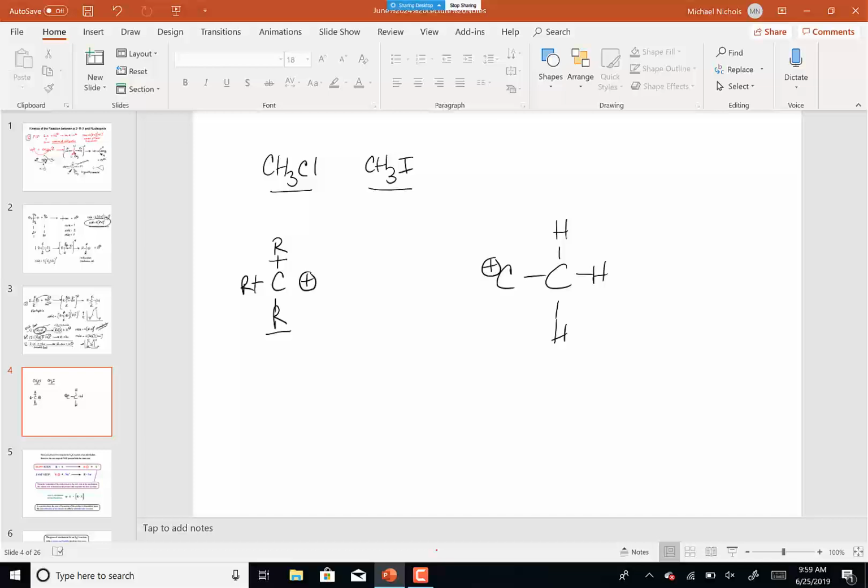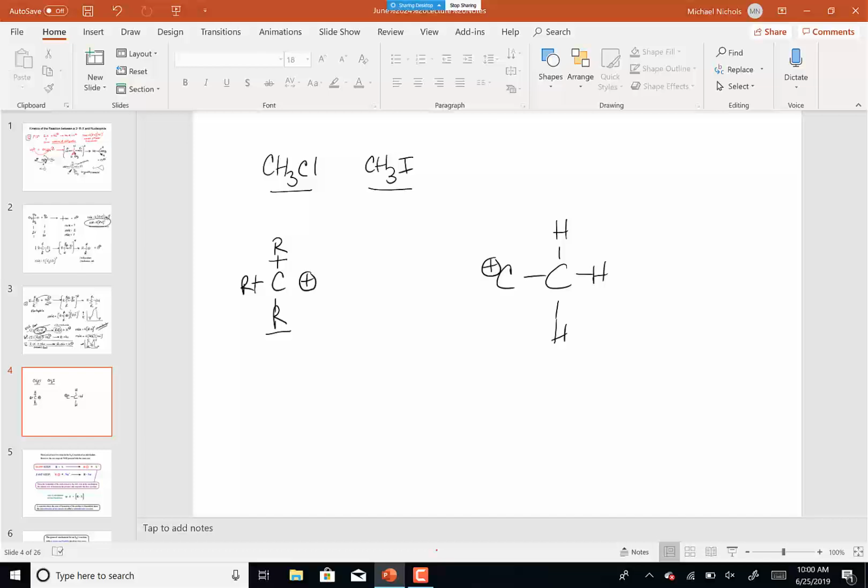What's it want to have? 8. So anything I can do to push electron density into that C plus is going to stabilize it. Attach a chlorine to that C plus, that's not helpful, because the chlorine is going to take away electron density and make it less stable.